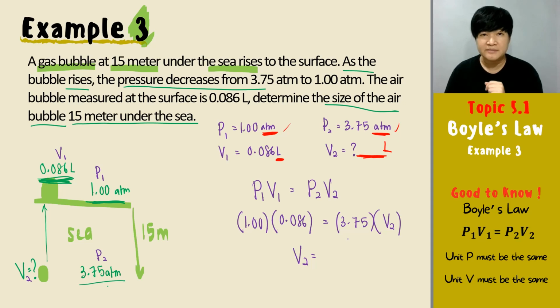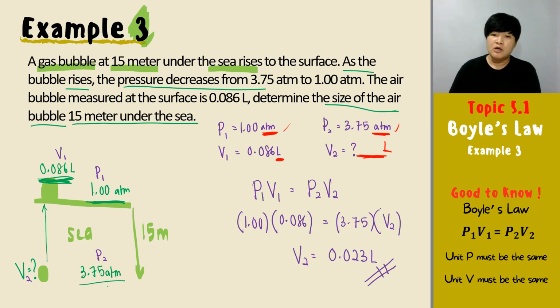Let's see. It's 0.023 liter. That is the volume that you calculated. Why is the volume right now smaller? The volume of your V2 is smaller than your V1 because the pressure over here is higher than the P1. When the pressure of your P2 is higher, automatically the volume will decrease.